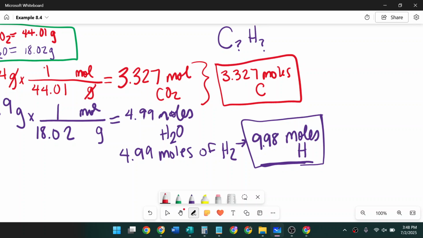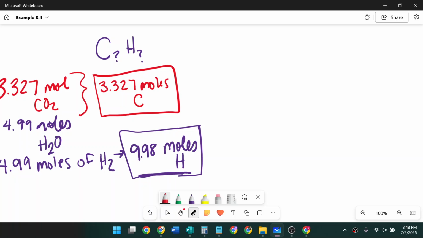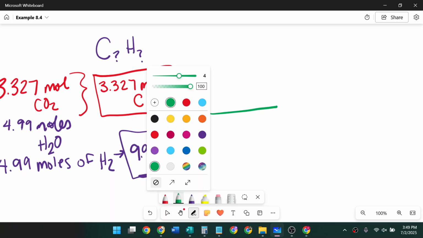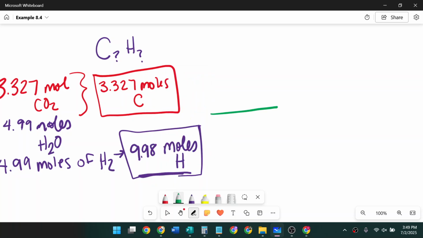And so we should still have these numbers at the beginning. So what we're going to do is figure out what the ratio is between the carbon and the hydrogen so that we can figure out its empirical formula. When we do a ratio, if you want to end up with a number that's not a fraction, you need to put the smaller number on the bottom.